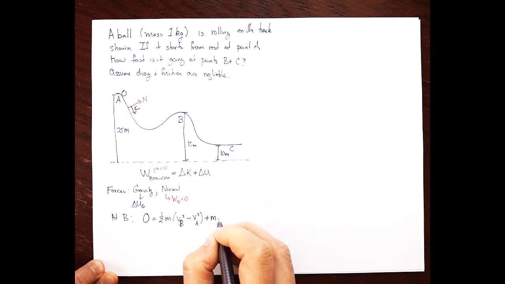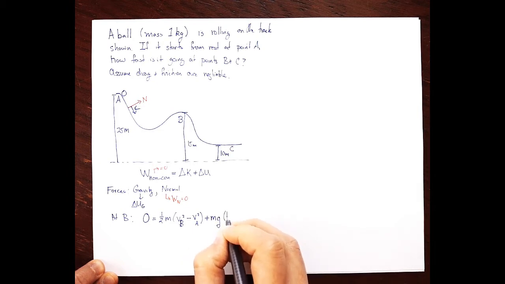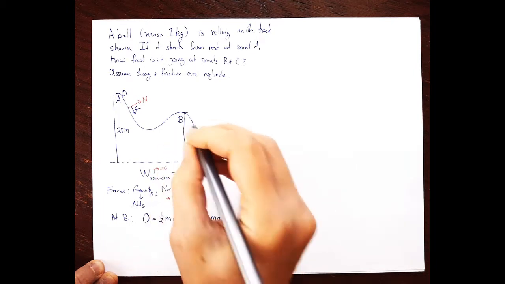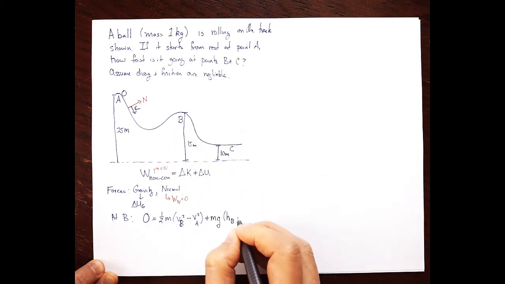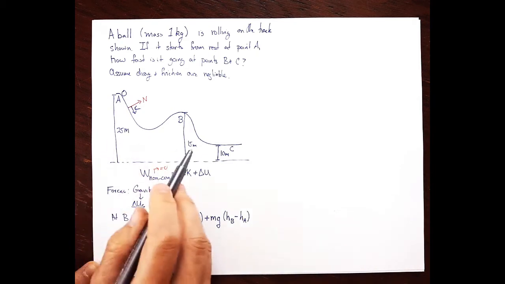So that'll be mass times g times the final height, the height at B, minus the height at the start, the height at H. And we know those heights, so that's good.